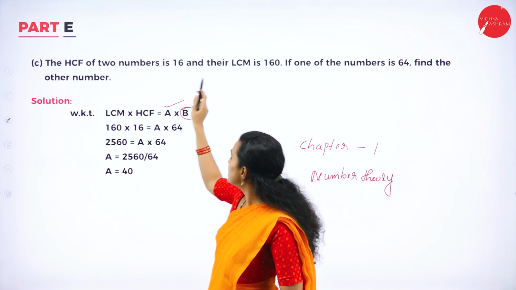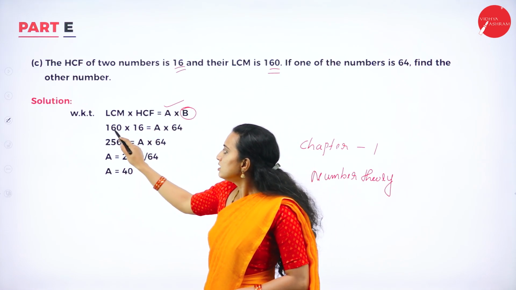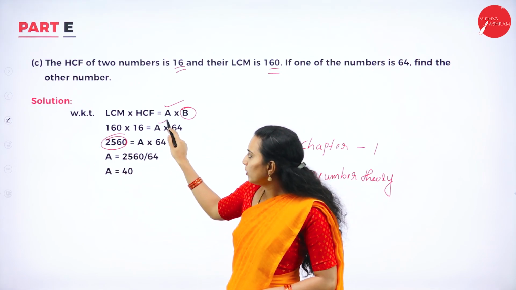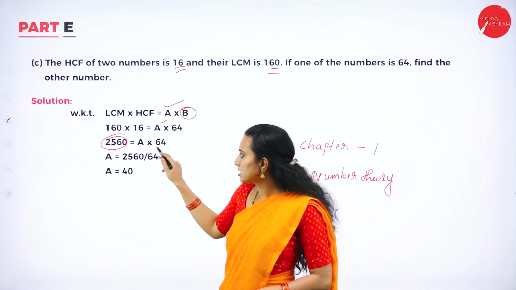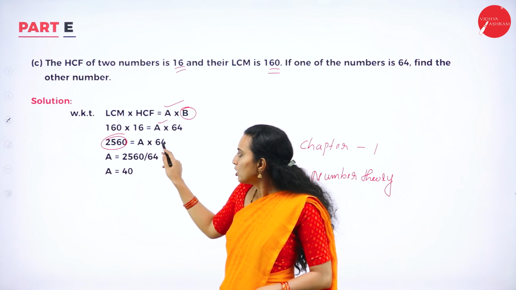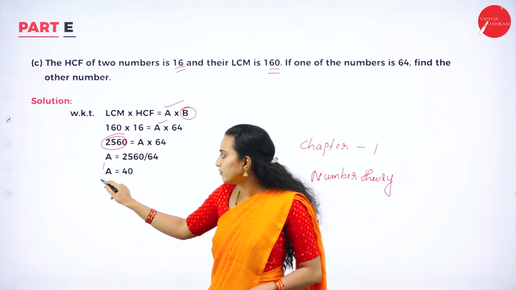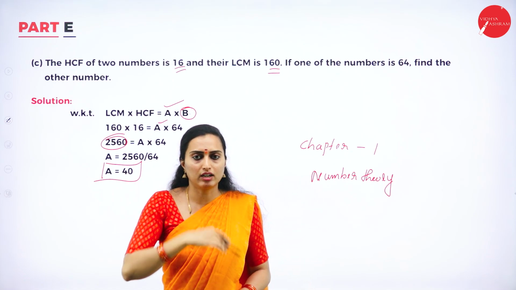Substitute LCM is 160 and HCF of two numbers is 16. So 160 into 16 is 2560. I want to find A into the other value they have given, which is 64. Cross multiply, 2560 divided by 64 gives you A equal to 40. That is the value of the other number.